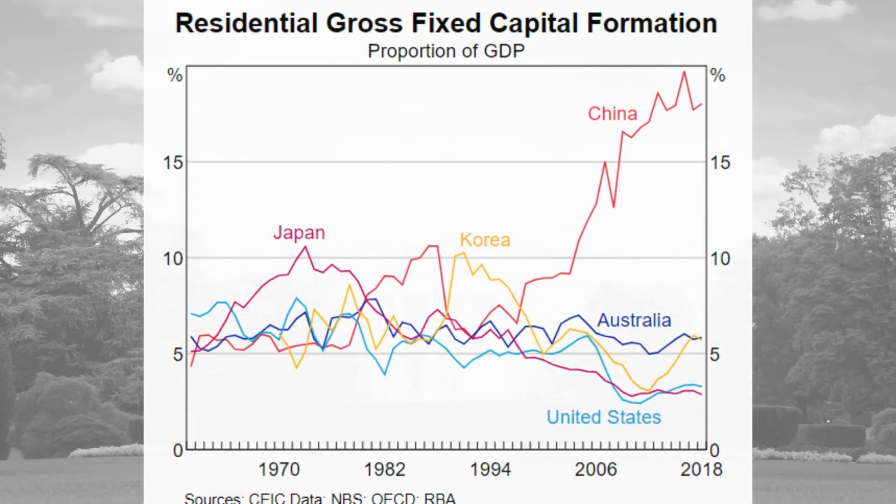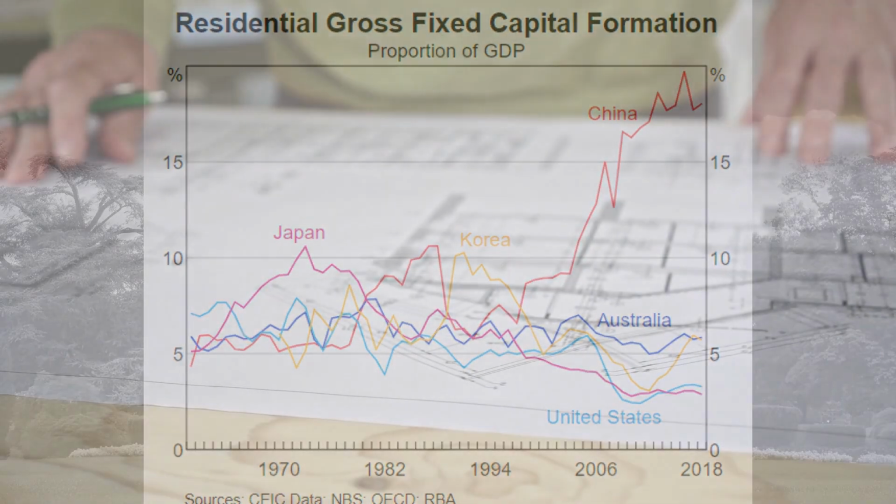If you look at the US, which had a pretty big housing crash just before the financial crisis, well, China's spending about 3 times as much on residential as what we saw in the US before its housing crash. So, whichever way you cut it, China is just this unique beast in terms of how big this housing market is.